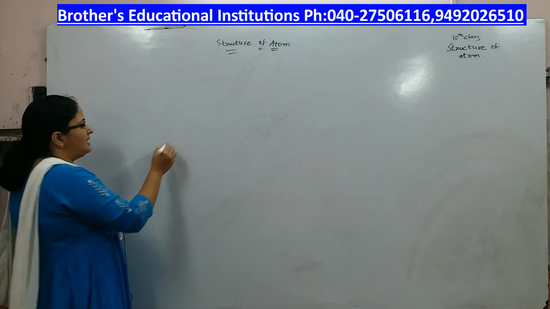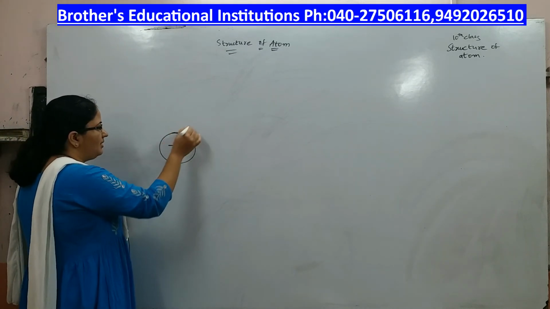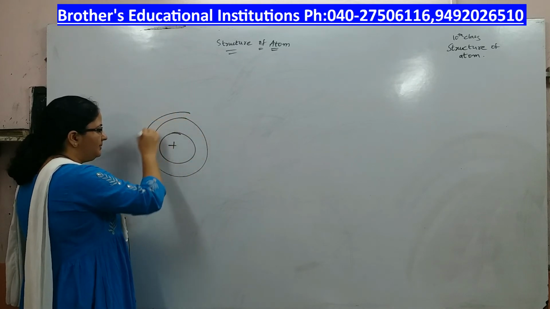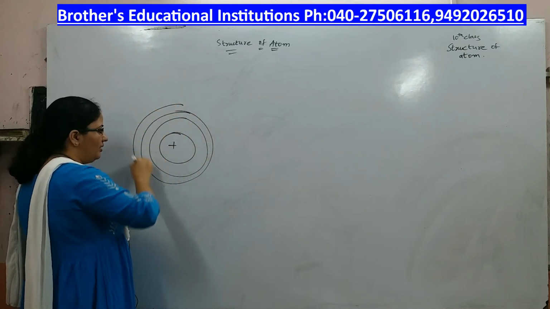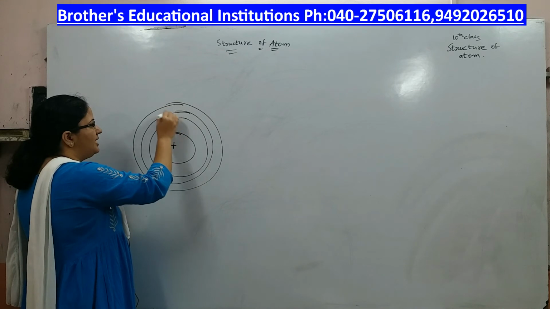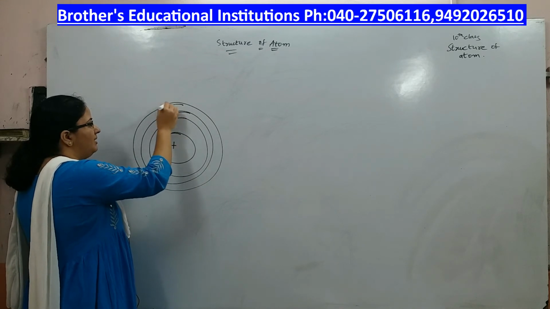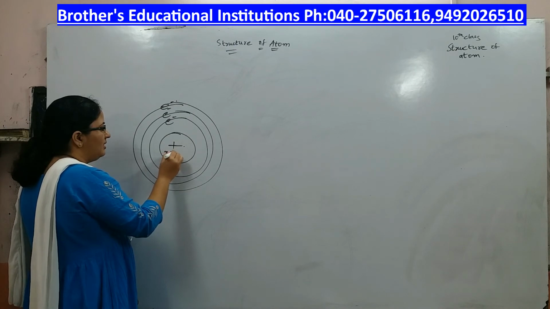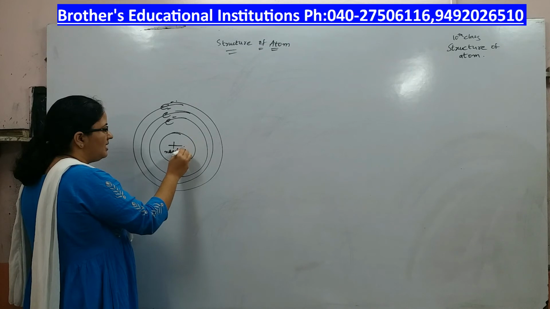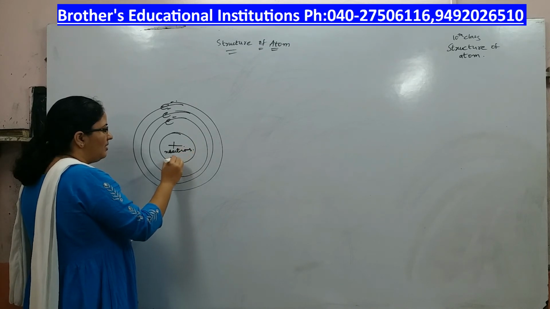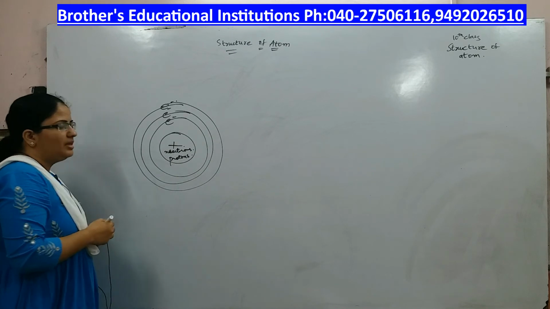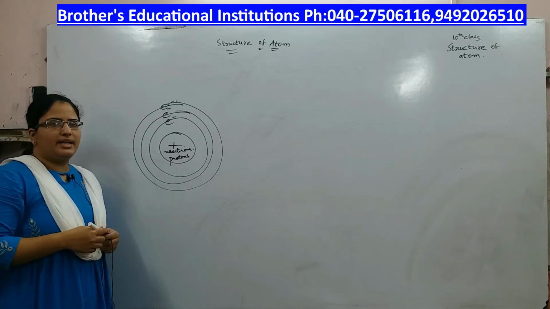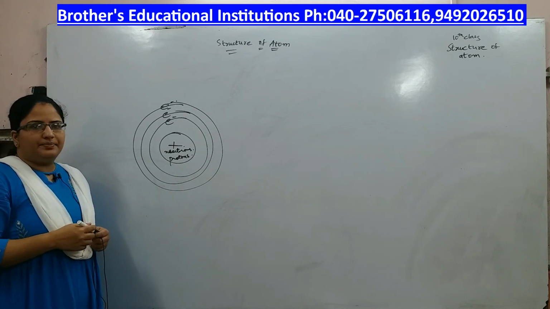You have the nucleus at the center and orbits around the nucleus in which the electrons revolve. In the nucleus you have neutrons and protons. So this is how the subatomic particles are arranged inside an atom.